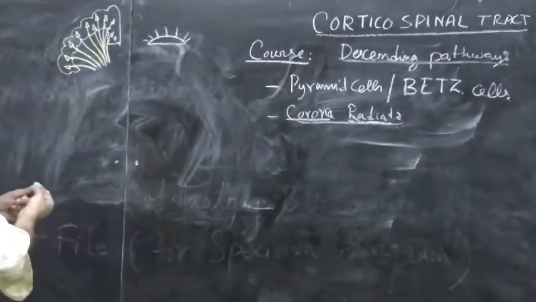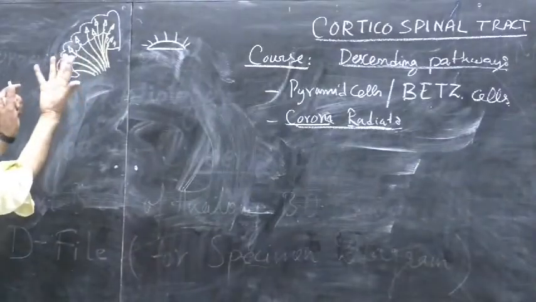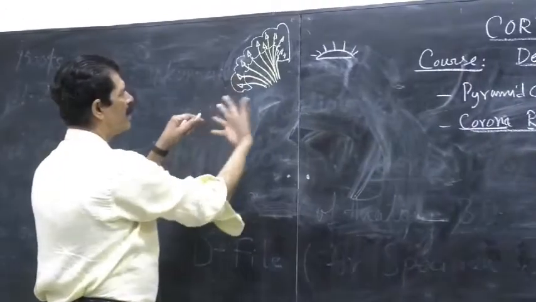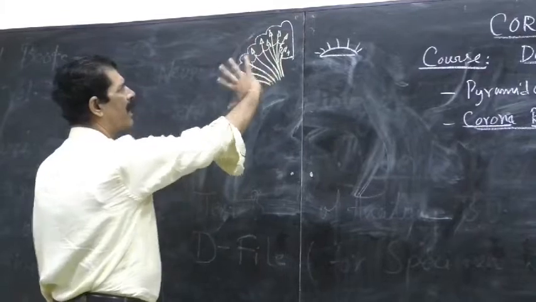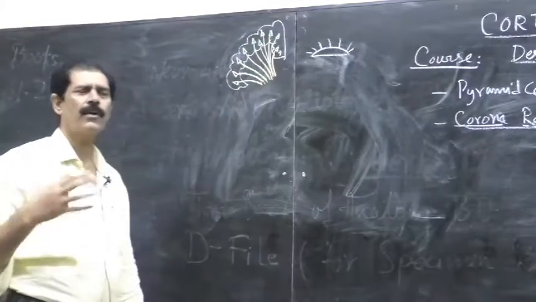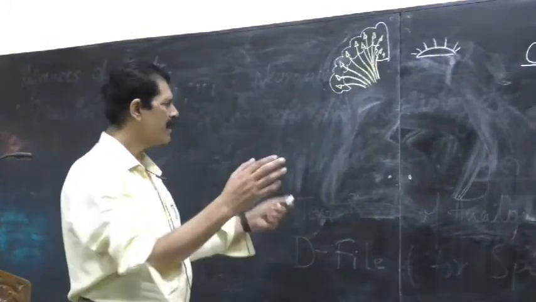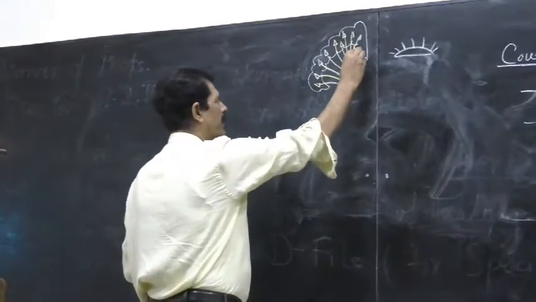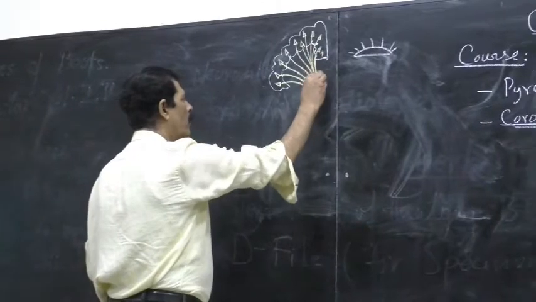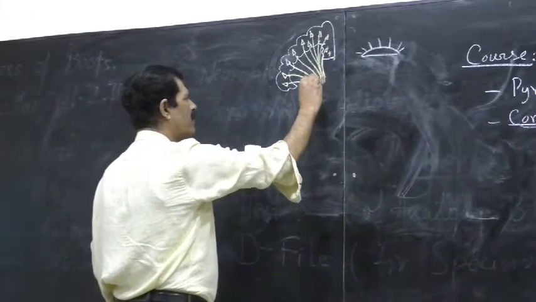So when these fibers descend downward, they become closer. As they go up, they spread like the sun rays. That's why it is called the corona radiata when they are within the cerebrum. Now as they come down, we see that they become more and more closer or compact.